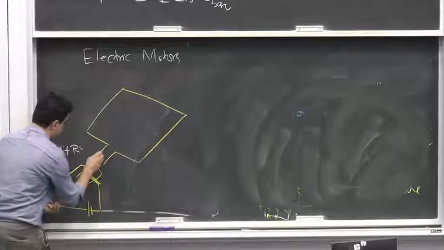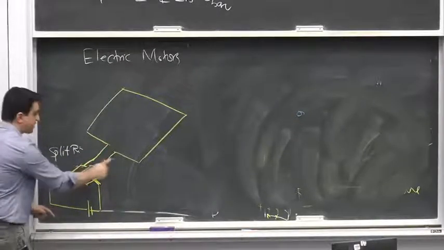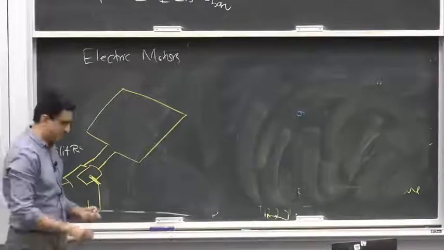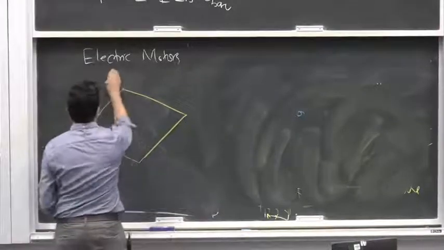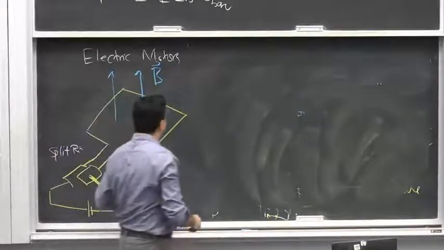One side of the loop is connected to one split ring, the other side of the loop is connected to another split ring. And all of this is placed in an external magnetic field which is in that direction. So how does this split ring work?